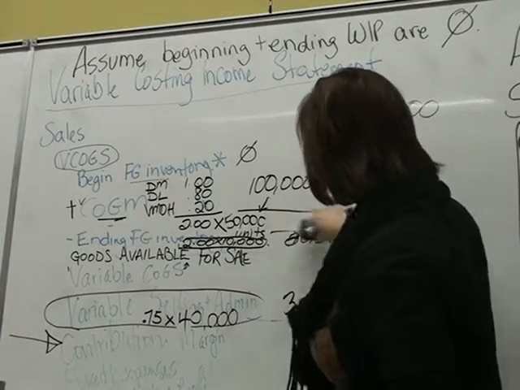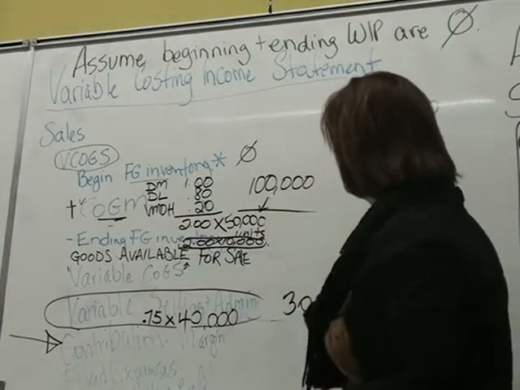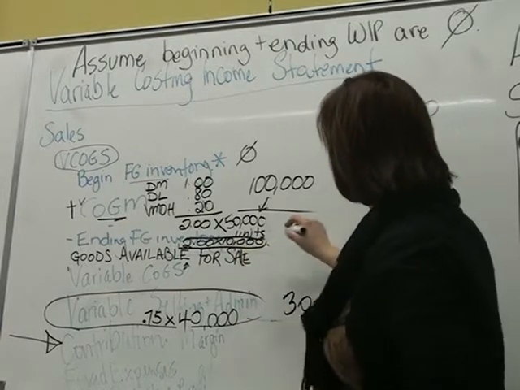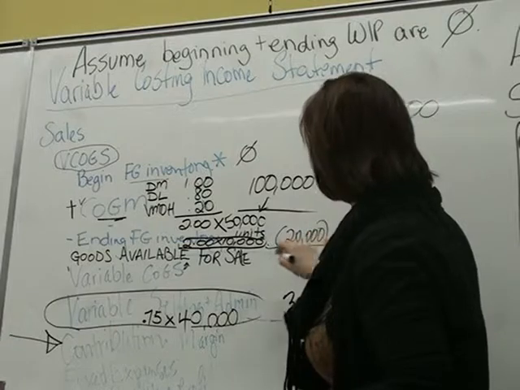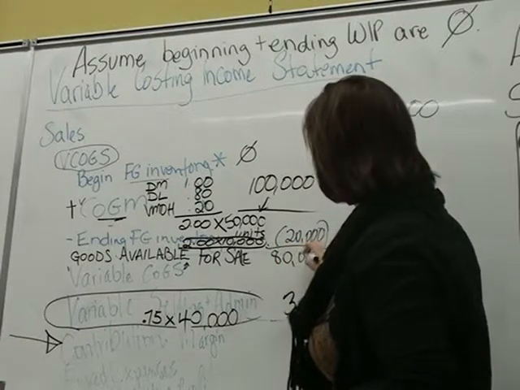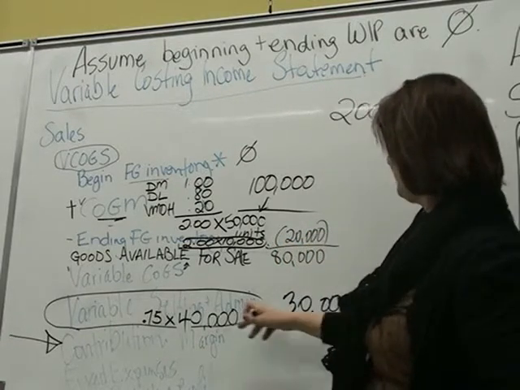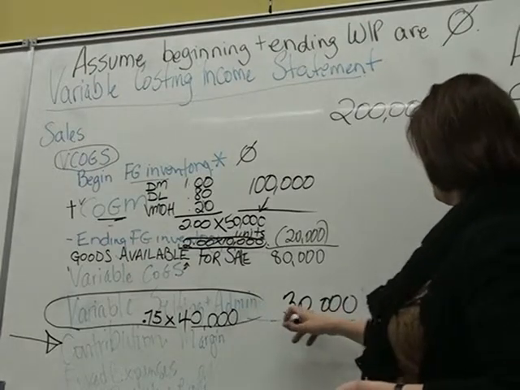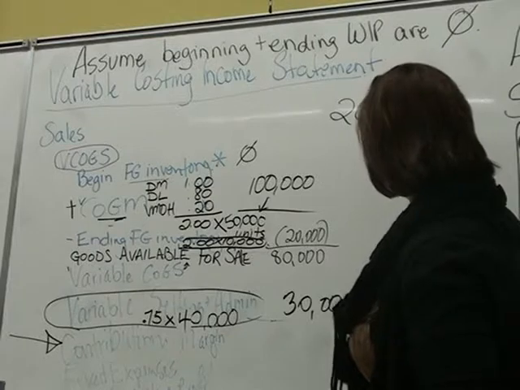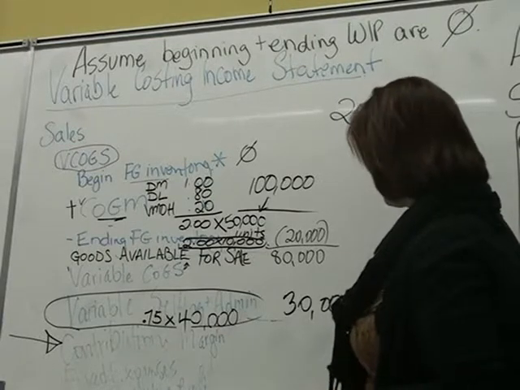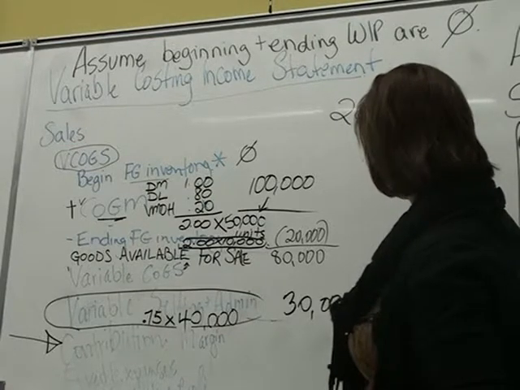We took away 80 for the ending finished goods. So yeah, we took away 20 for the ending finished goods inventory. So we had 80 available for sale, right? And then the variable selling and admin is 30.